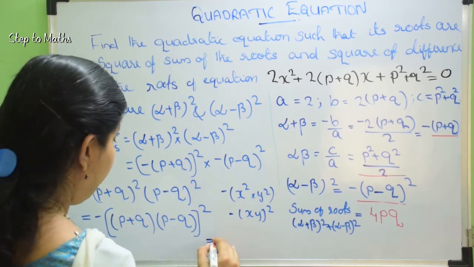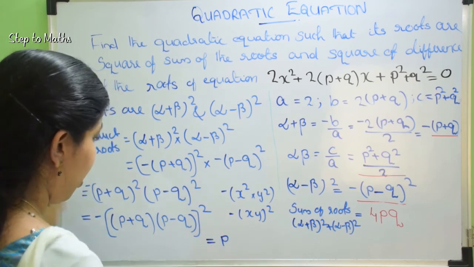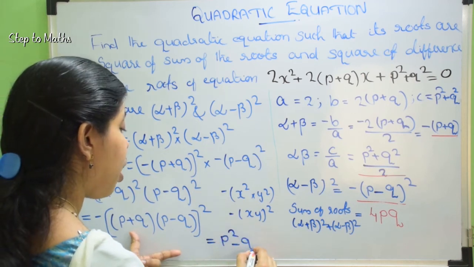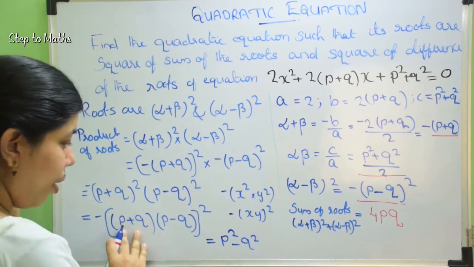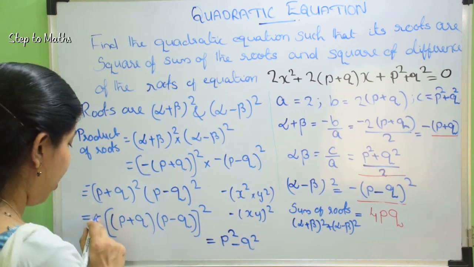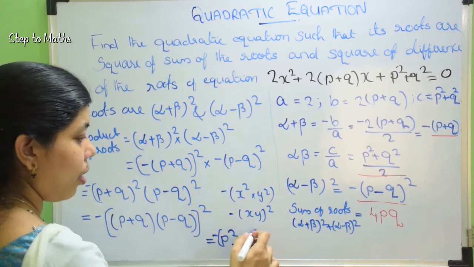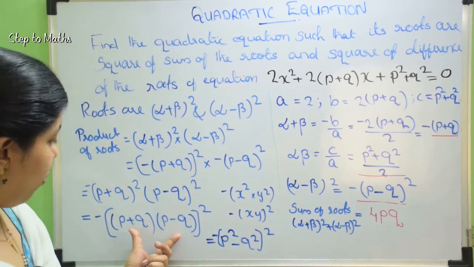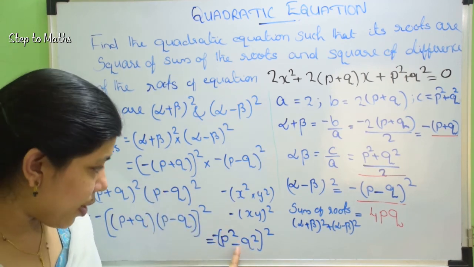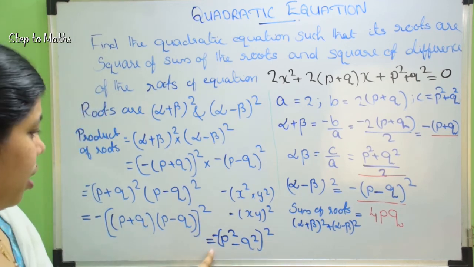So this is equal to a square minus b square, which is p square minus q square. The product of these two terms, p plus q into p minus q, was p square minus q square, and the square we write here with the minus.